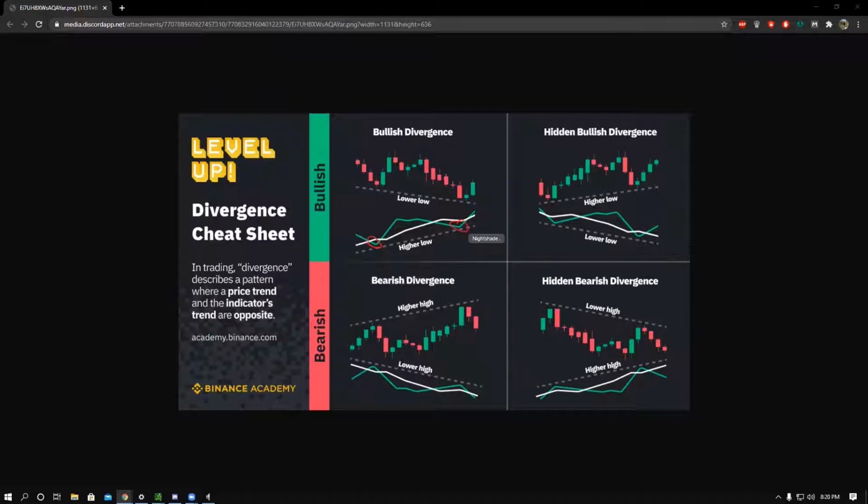Let's say this is RSI, and you guys know the lower your RSI is, the more oversold you are, and the higher it is, the more overbought you are. But if you have a higher threshold for where it bounces off to be oversold and the price reverses, that means you're hitting your oversold mark a little bit earlier, even though your price is getting lower, which is showing that buyers are about to take over, right?